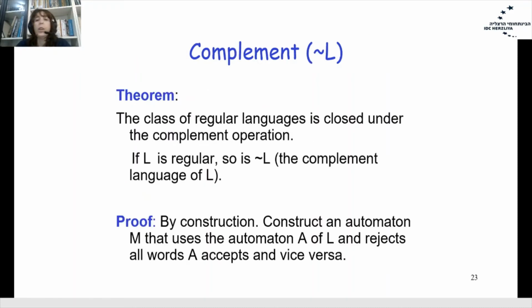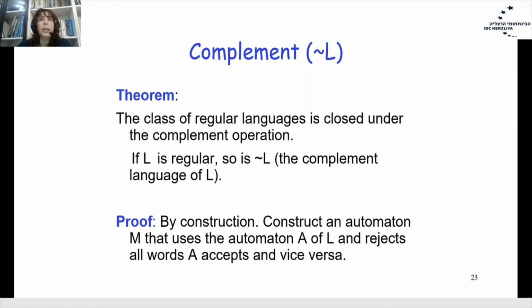The class of regular languages is closed under the complement operation. That means if we have L, a regular language, then L complement is also a regular language. How do we prove it? If you remember, during our practice session last week, we solved the same problem.